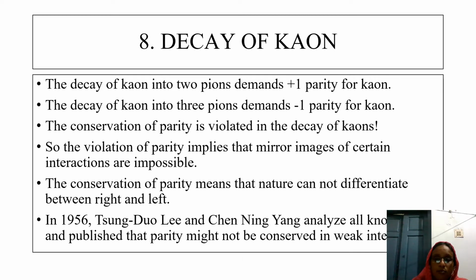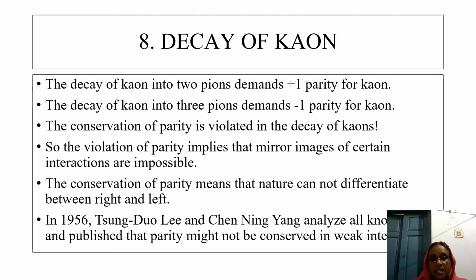At that time, scientists believed that all interactions are invariant under mirror reflection. But in the decay of kaons, it is found that the mirror images of interactions are impossible. The conservation of parity means that nature cannot differentiate between right and left.